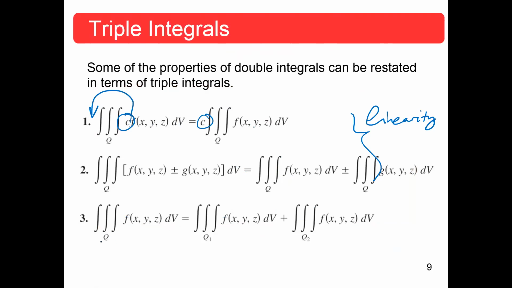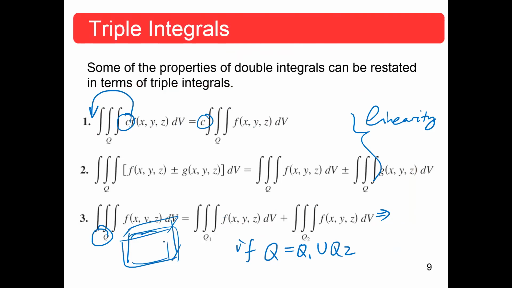Okay, part C. The triple integral over solid region Q equals the triple integral over region Q1 plus the triple integral over region Q2, if region Q equals Q1 union Q2. You guys recall what's the name of this property? So if I have a box, which is Q, I can decompose it into two parts, one is Q1, one is Q2.